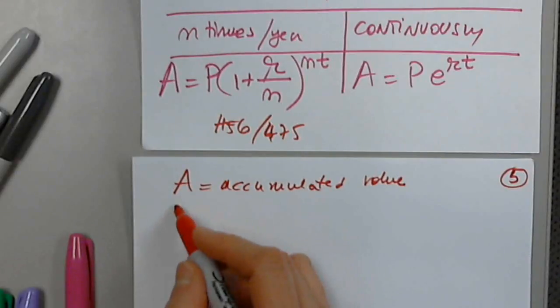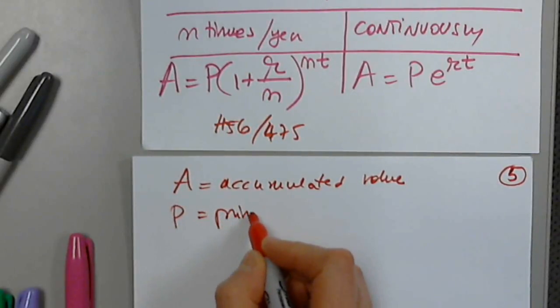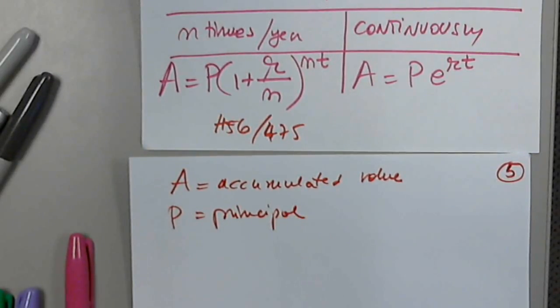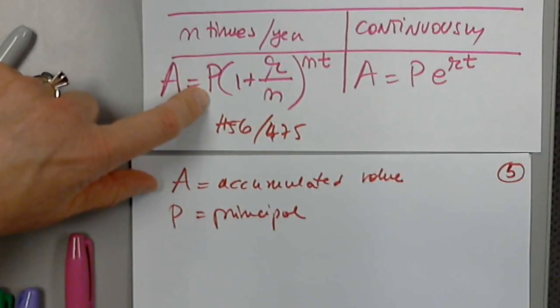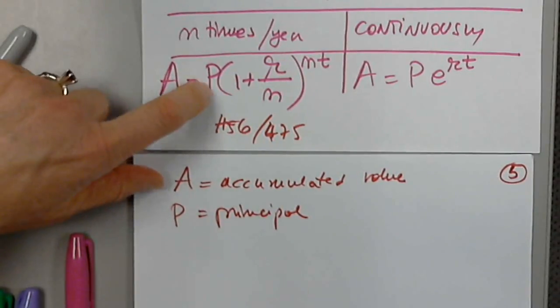P is the principal. So let's say we want to deposit a particular amount of money today, and we are really interested in how much we are going to get back X number of years later. So A is the accumulated value of the investment. P is the principal, the amount of money that we deposit into that bank account.